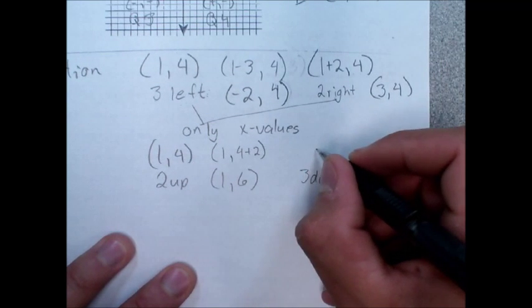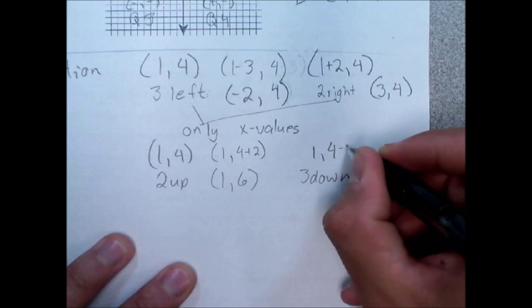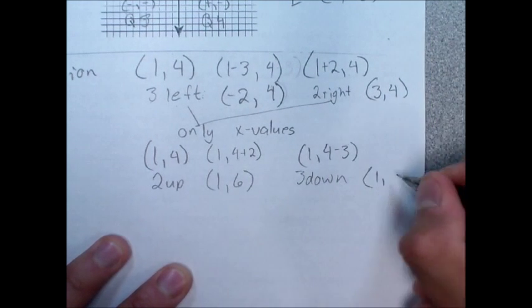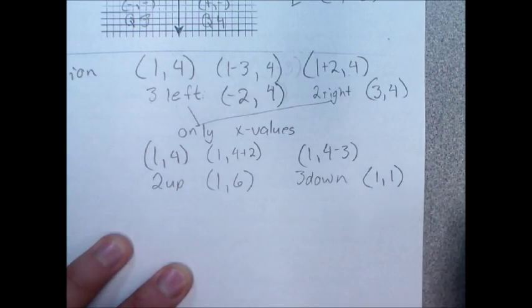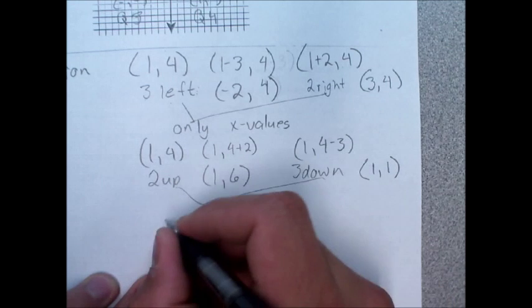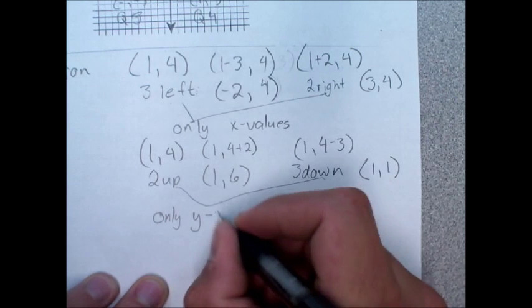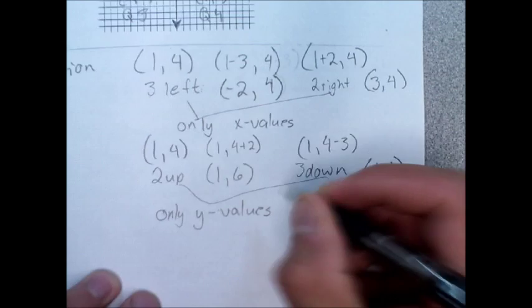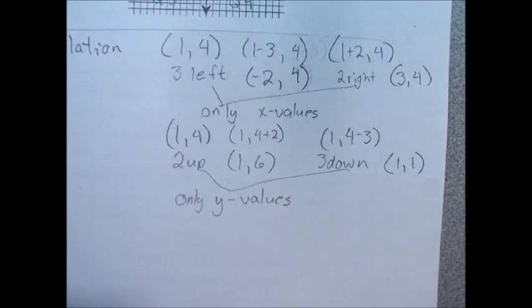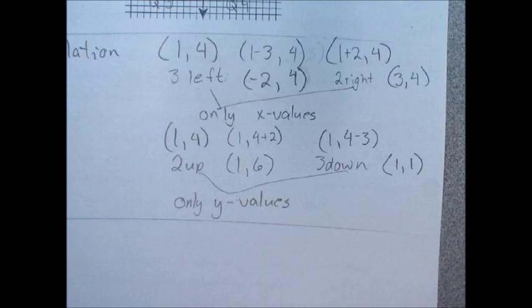So it'll be 1 comma 4 minus 3, which will give us an answer of 1 comma 1. Okay. So up and down deal with y values only. Questions about it? Anybody need more time?